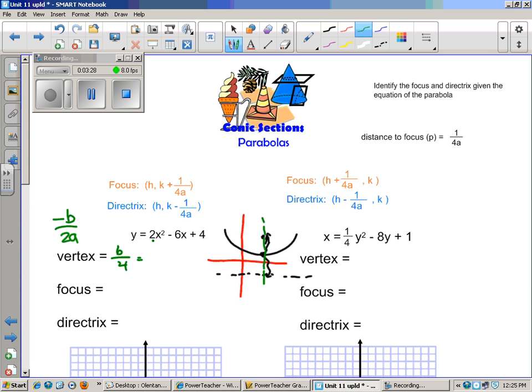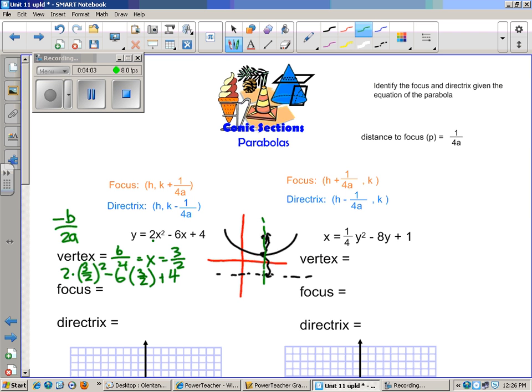So the x coordinate is 3 over 2. Okay? Everybody with me? To find y, I just plug 3 over 2 in for x, and that's when we get into the fractions. So it's 2 times 3 over 2 squared minus 6 times 3 over 2 plus 4.